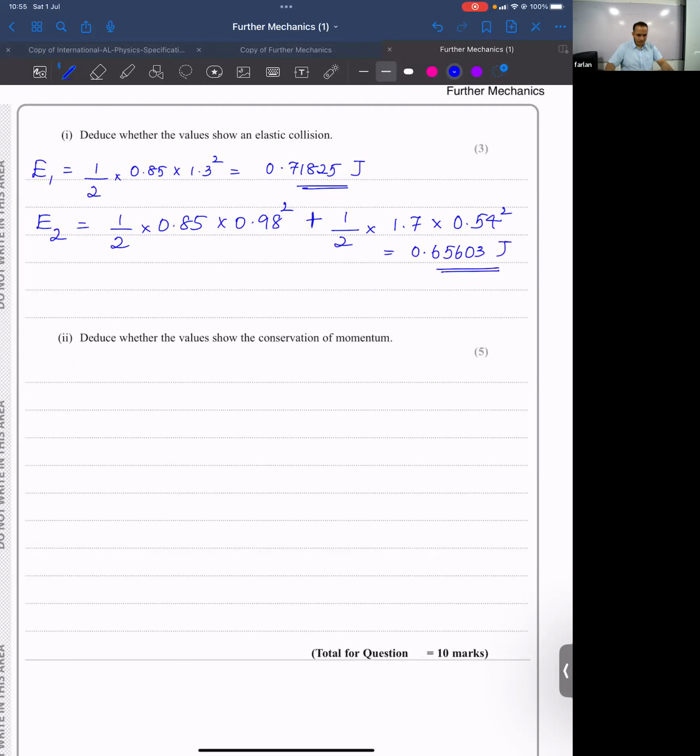You can take it to 3 SF: 0.718 and 0.656. Is it what you're getting?